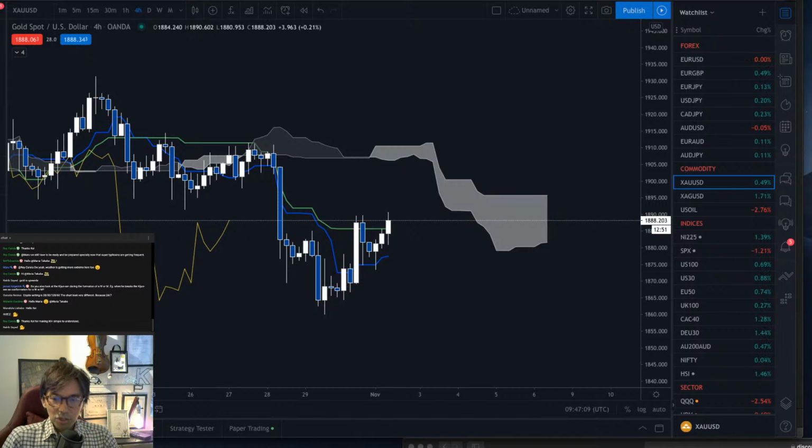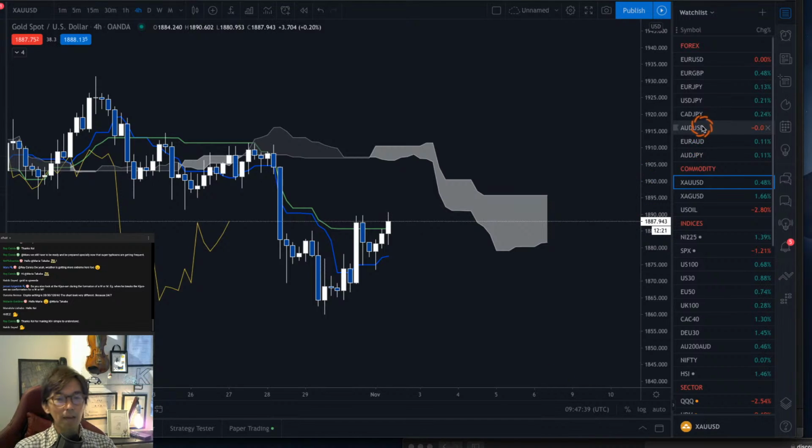Yoron says, do you also look at the Kijun Sen during the formation of a double top or double bottom? For example, when it breaks the Kijun Sen as confirmation for a double top. Yeah, so I look at the neckline, and sometimes the Kijun Sen might be at the same level as the neckline.